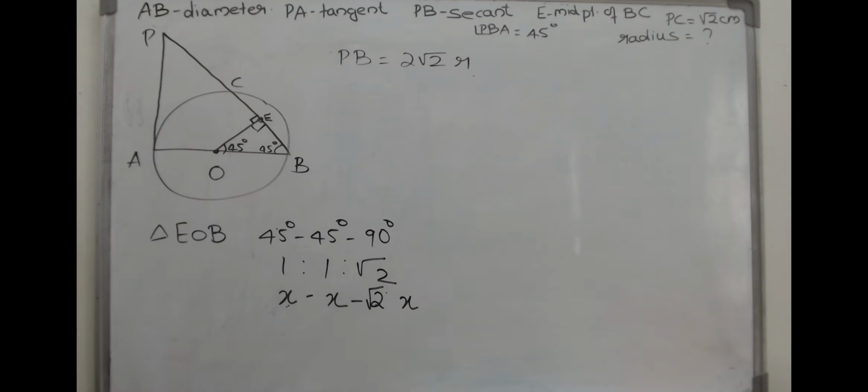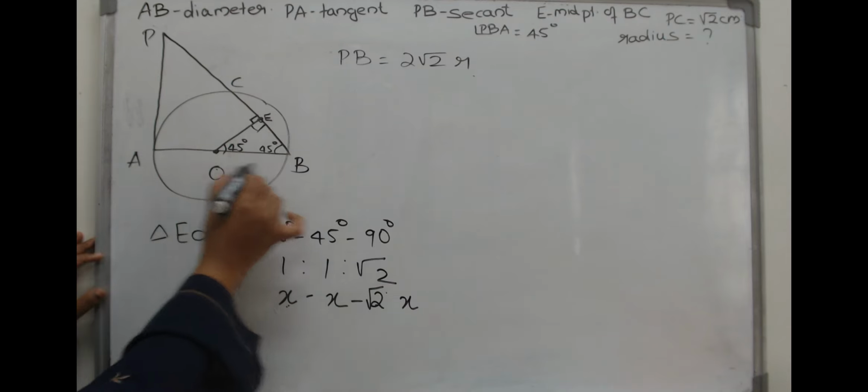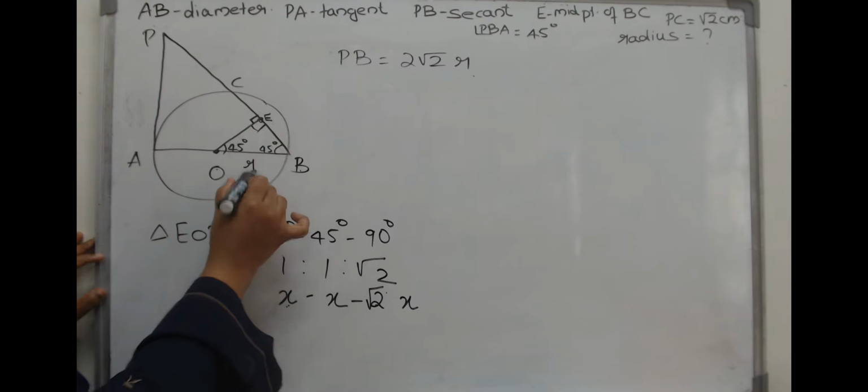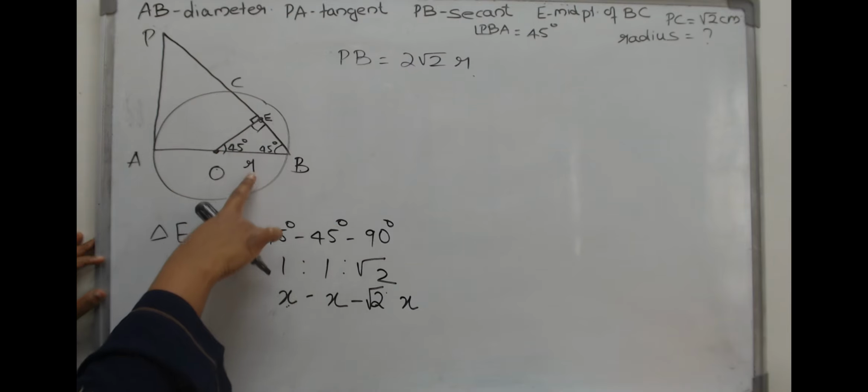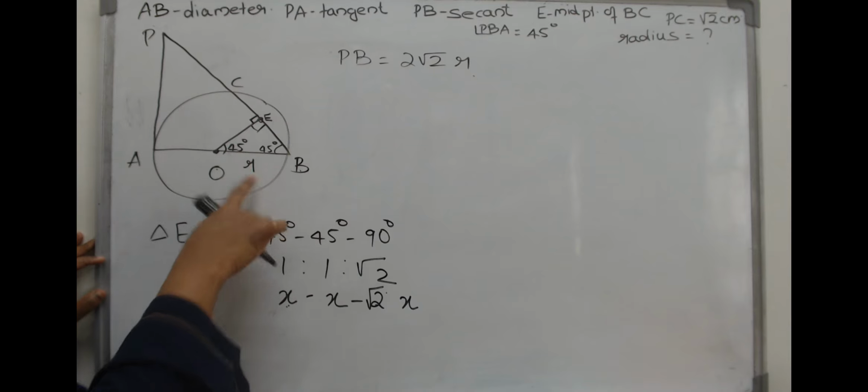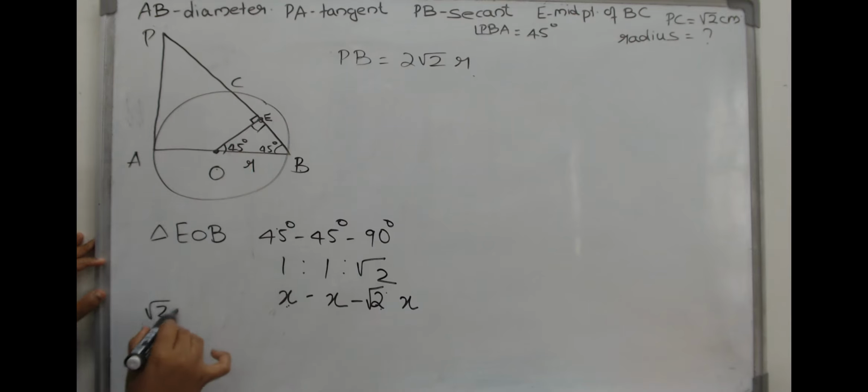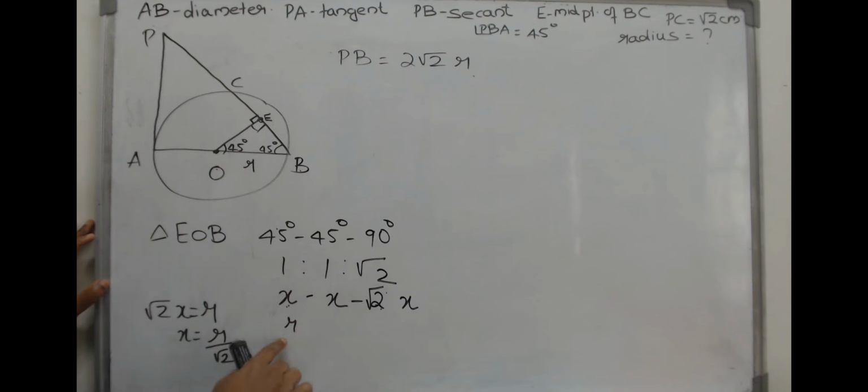Now, do we know any values here? We know that OB is r. That means the side opposite to the 90 degrees is r. Or in other words, root 2 x is equal to r, which means x is equal to r by root 2. The side opposite to a 45 degrees is r by root 2.